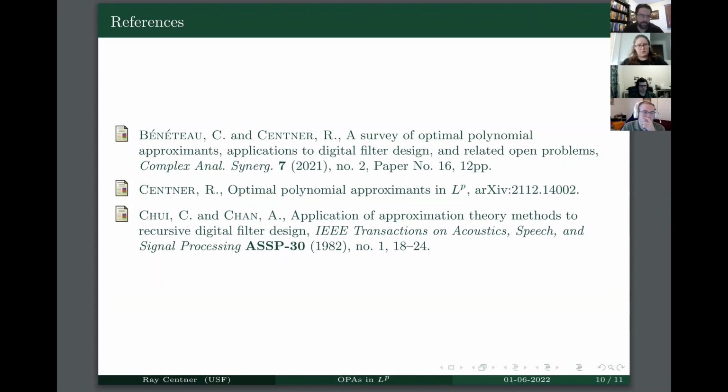The first reference is a paper that Catherine Beneteau and I wrote a year ago, which talks about the design process implementing optimal polynomial approximants. And that's inspired by the third reference, which is one of my favorite papers, and that's the paper of Chui and Chan, where they originally showed that OPAs were zero free in the H2 context.